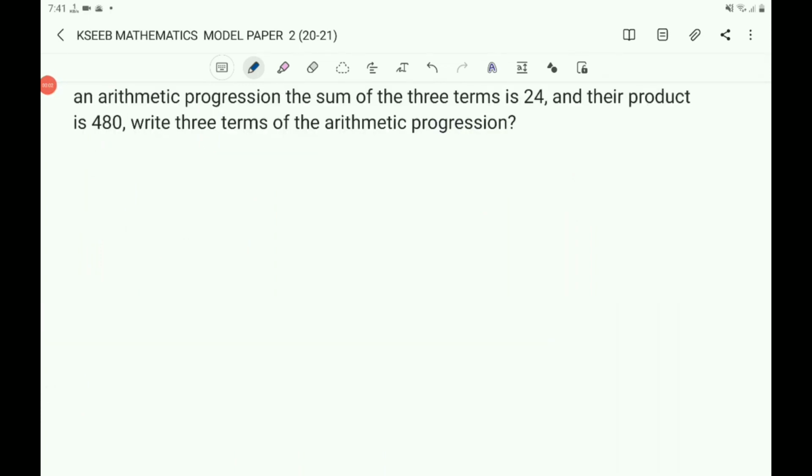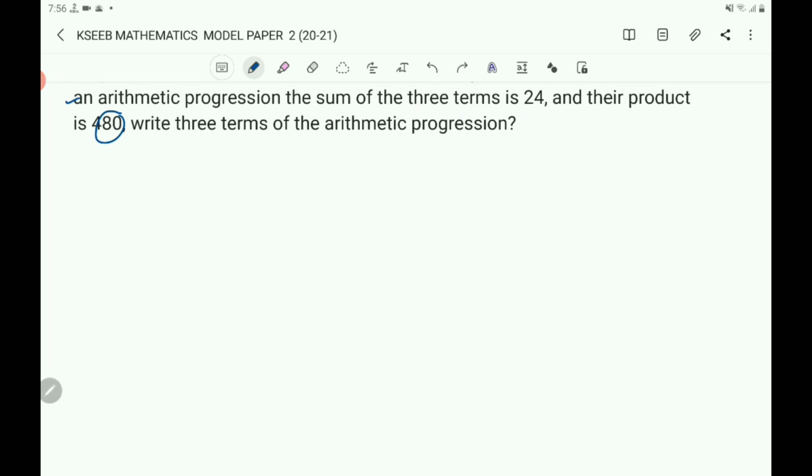Now let us solve this choice question, that is, the OR question. What is the question? In an arithmetic progression, the sum of 3 terms is 24 and their product is 480. Find the 3 terms of the arithmetic progression. It is given that the sum of 3 terms is 24.